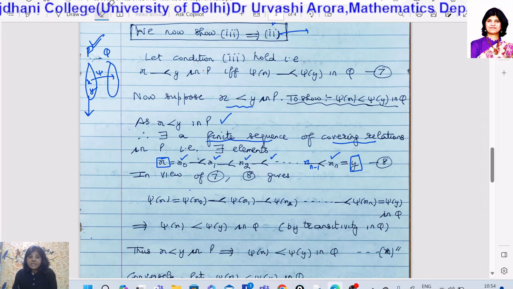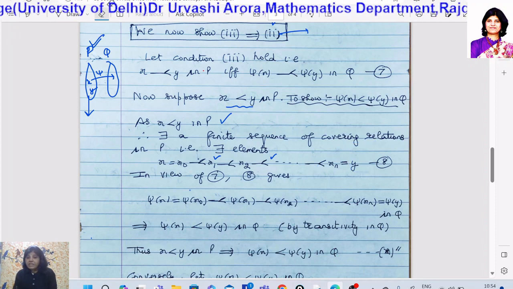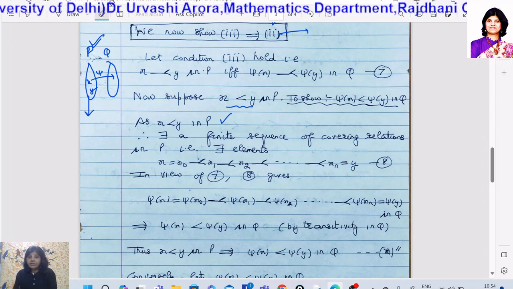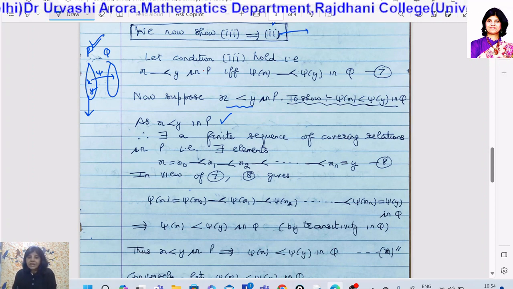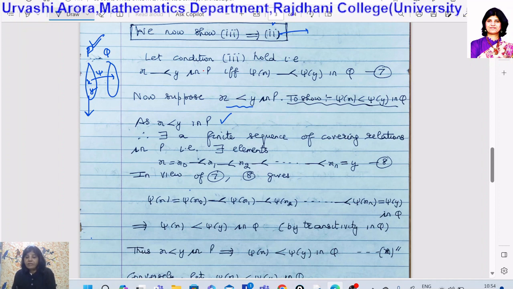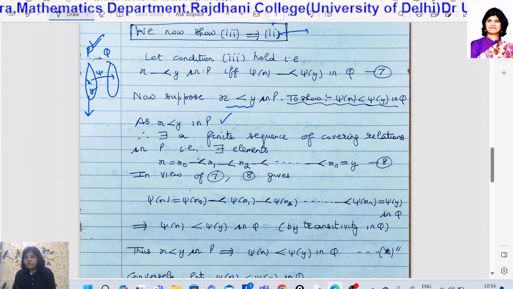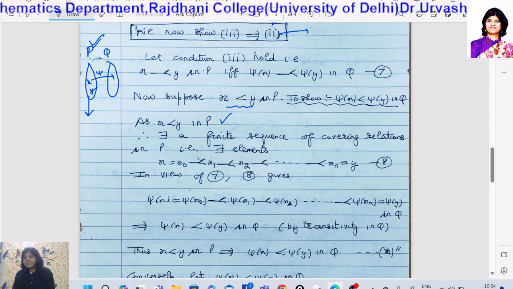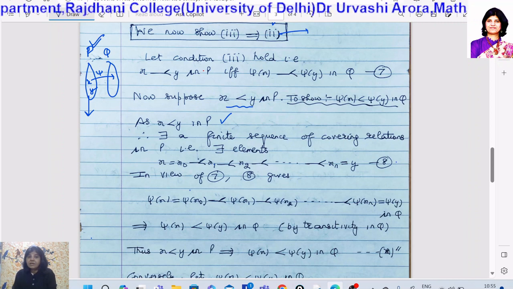Because x is strictly less than y in P, there exists a finite sequence of covering relations in P, that is, there exist elements such that x, which we denote x naught, is covered by x1, which is covered by x2, and so on. x_{n-1} is covered by xn, which is actually y. We are marking this as 8.